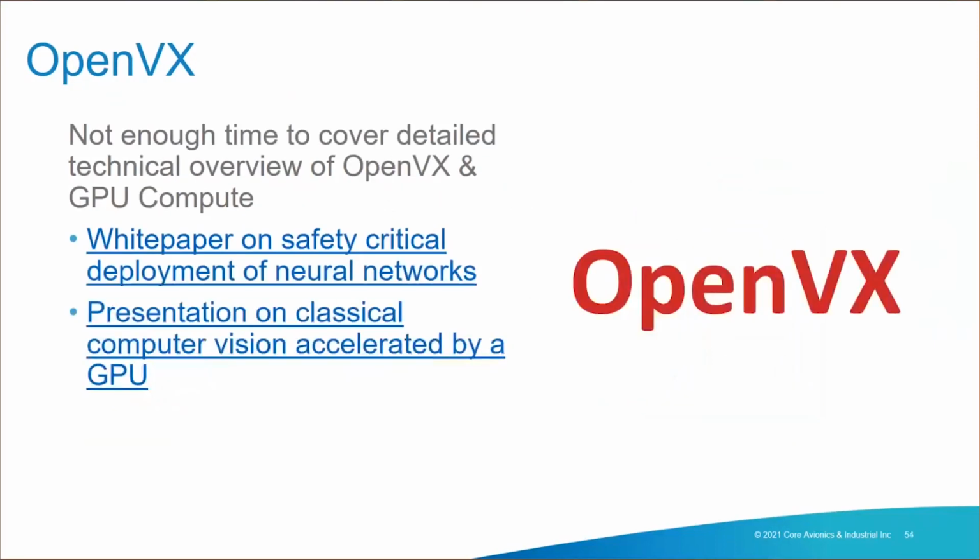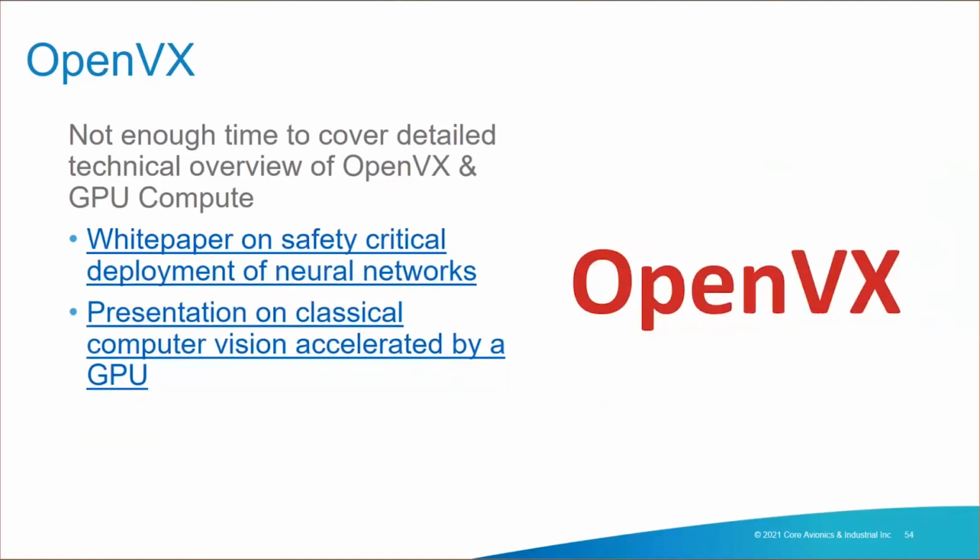Now, unfortunately, there's not a lot of time left in this webinar. If you're interested in the safety aspects of OpenVX, whether with neural networks or the vision side of OpenVX, Khronos has published a neural network white paper on safety critical deployment of neural networks, focusing on how you can deploy them safely on GPUs.